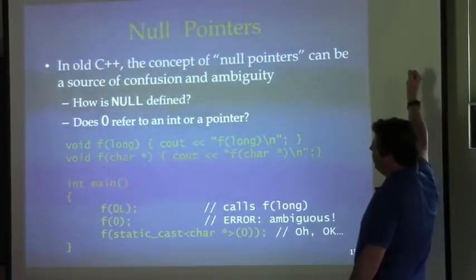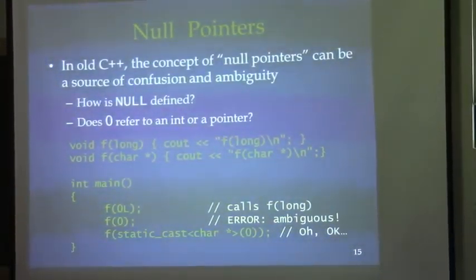So, null pointers, all right? The whole idea of null pointers, in C it was really simple. A null pointer could be represented in a way that was consistent. There's no overloading in C, so in C things were simple.